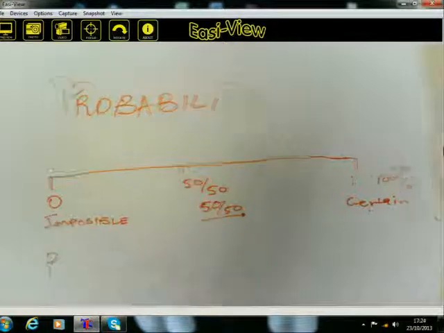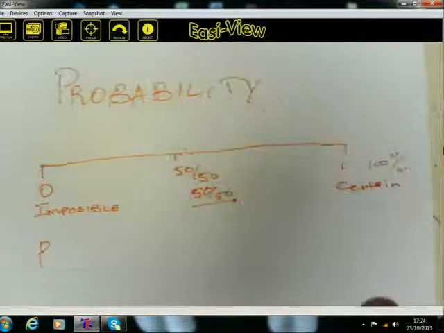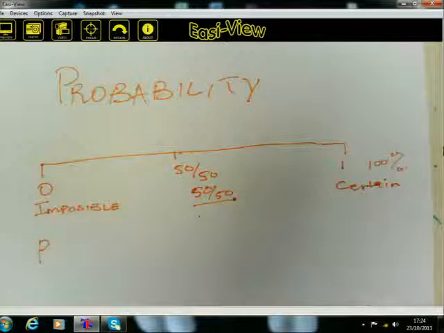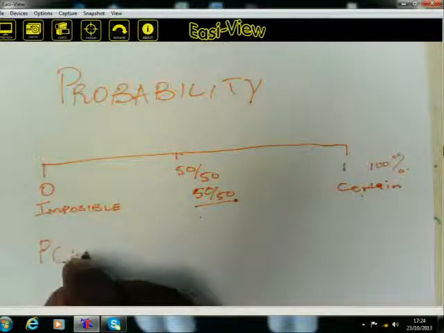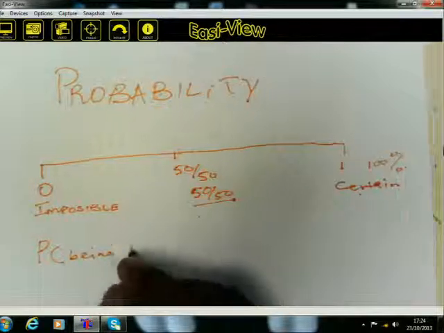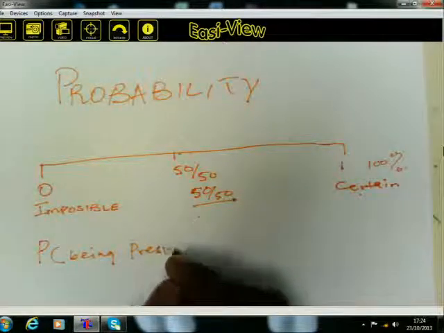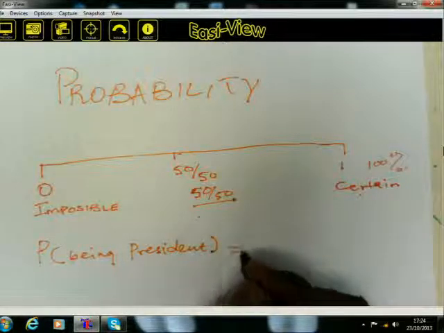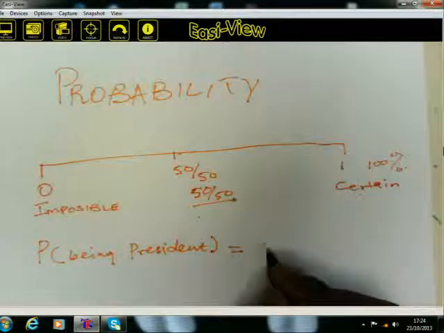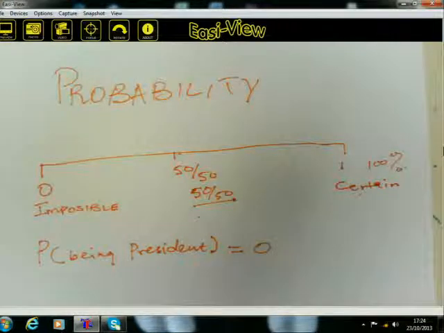P stands for probability, and then open brackets, being president, close bracket, is equal to 0. That means it's impossible. Do you get the point?